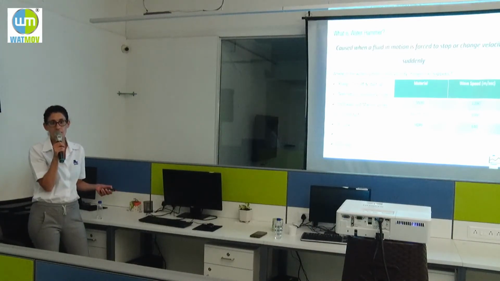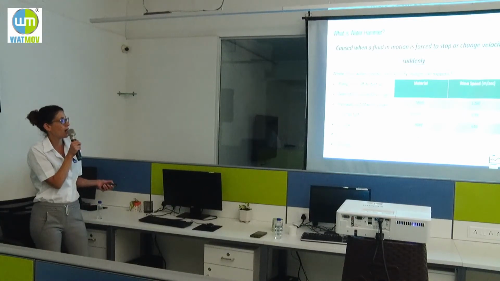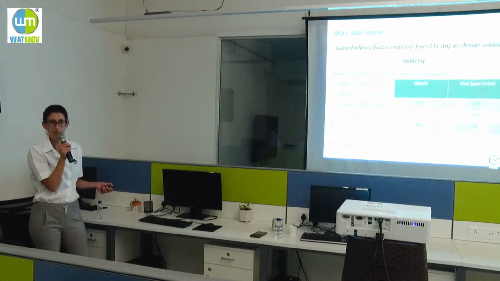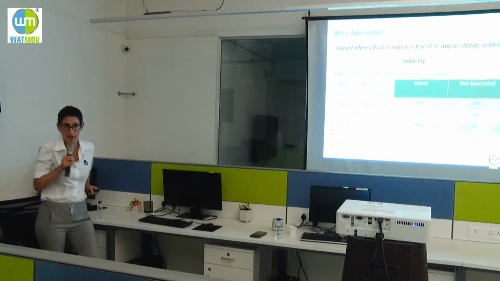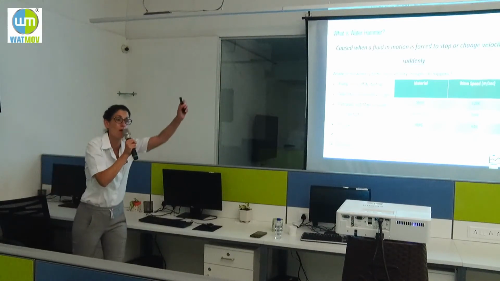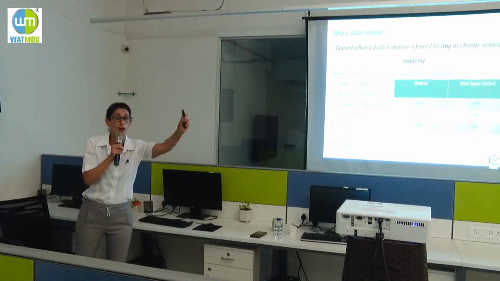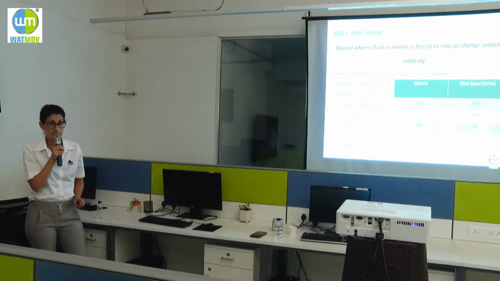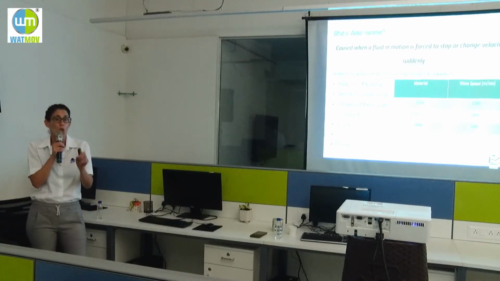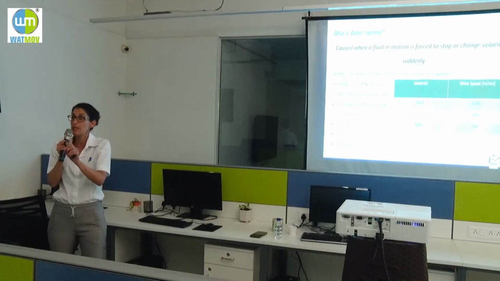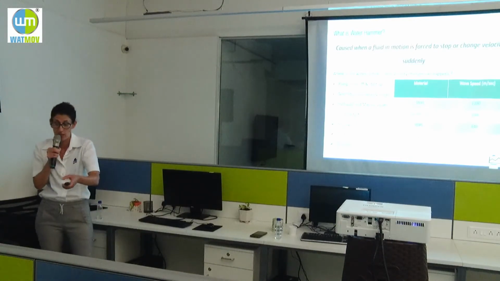So actually, we are doing 1 kilometer per second in ductile iron pipes. When we have a power failure and the water is running, it can run 1 kilometer in 1 second. So we need a solution that will react really fast to the surge.